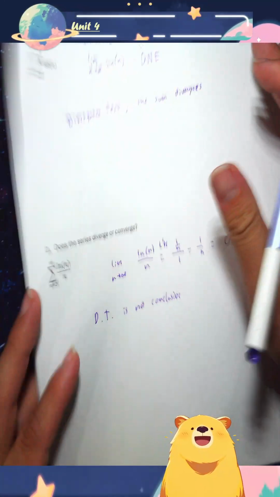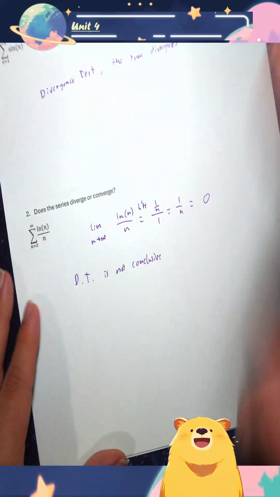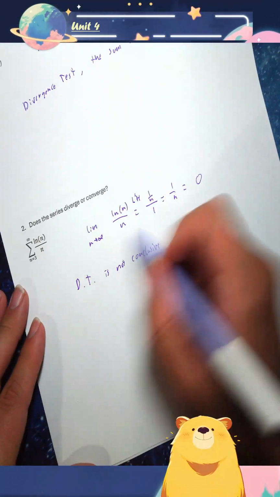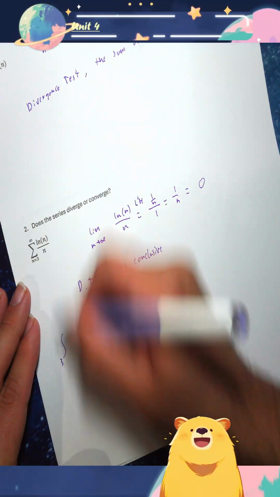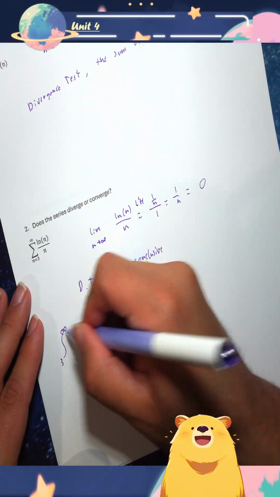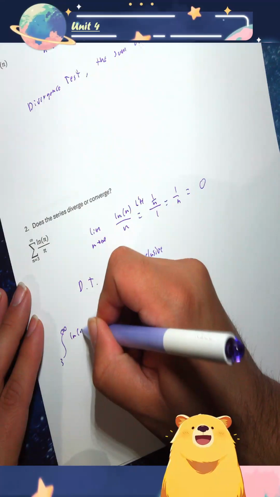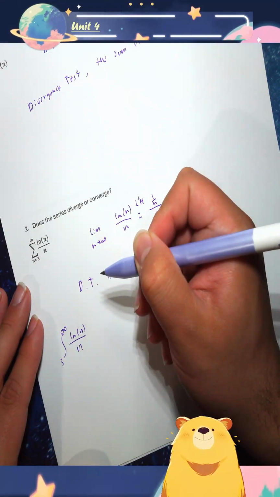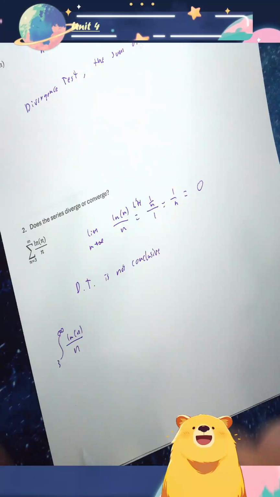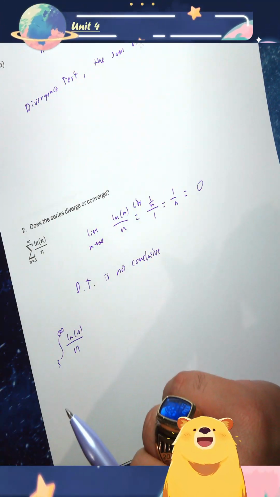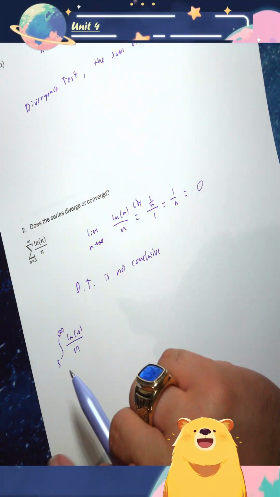So then you do the integral test. So for the integral test, you set it up as the integral from 3, because we start at 3, to infinity of ln of n over n. But, oh, you have to check if it's positive, decreasing, and continuous.